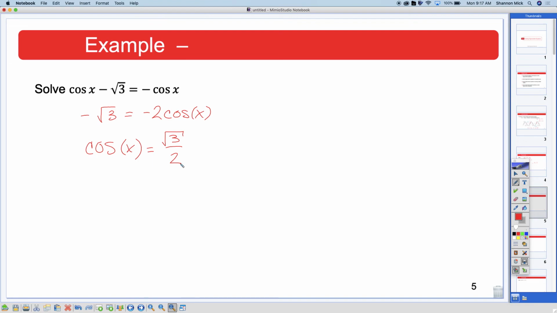Why don't you have a negative? Did you have a negative divided by a negative? Okay, so did you get square root of 3 over 2?